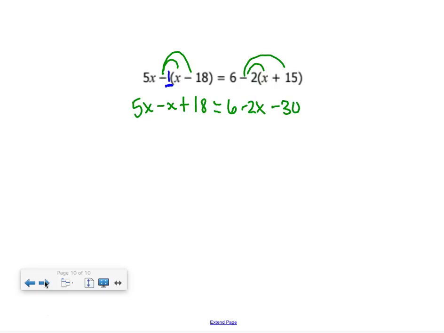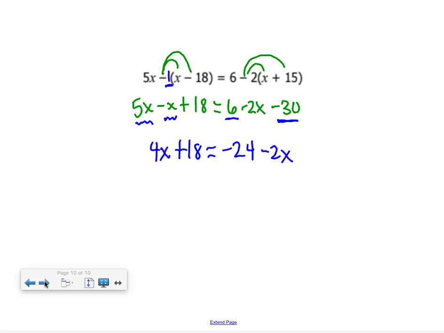And now you're able to combine like terms on both sides. So what is 5x minus x? So 5 minus 1 would be 4x plus 18 equals, now over here I have 6, and I can combine that with a negative 30. So 6 minus 30 is negative 24 minus 2x.